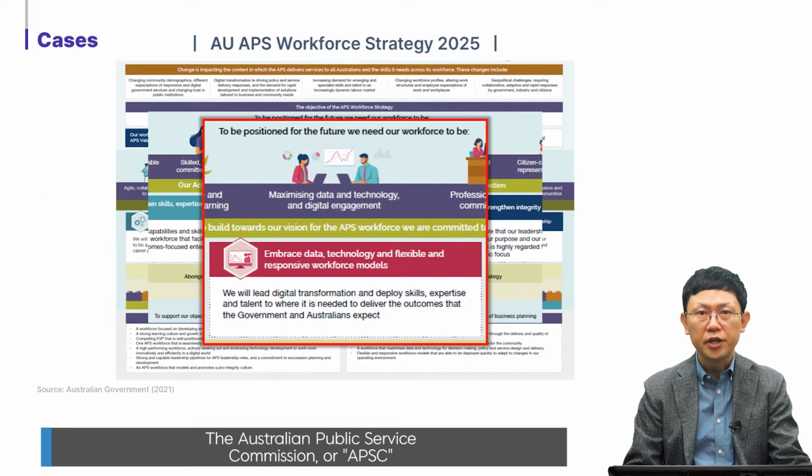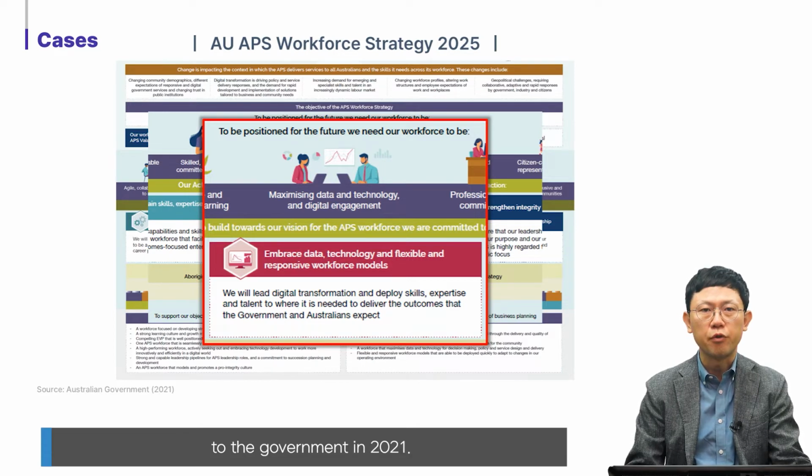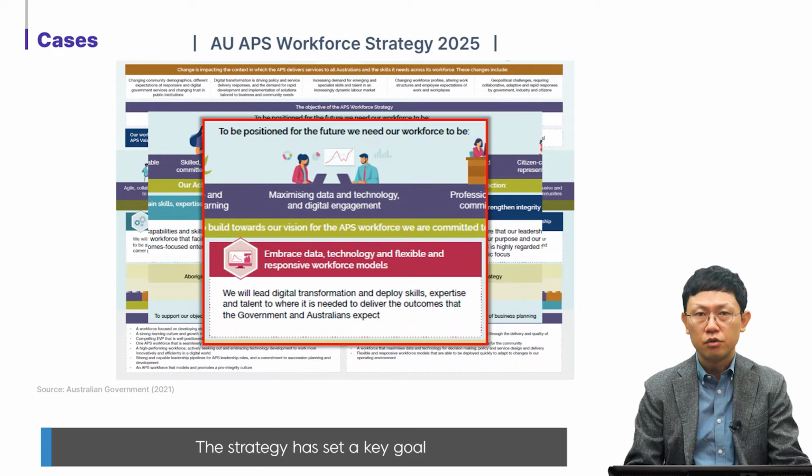The Australian Public Service Commission, or APSC, delivered the APS Workforce Strategy 2025 to the government in 2021. The strategy has set a key goal to enable the Australian civil service workforce to maximize data, technology, and digital engagement.